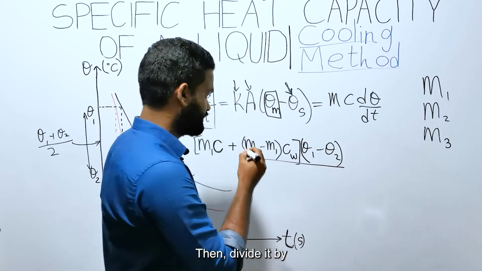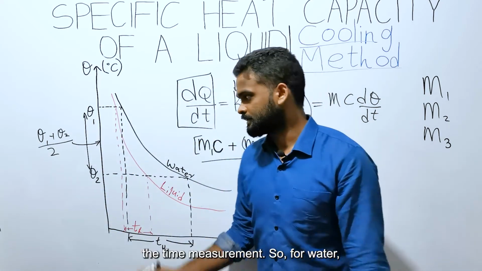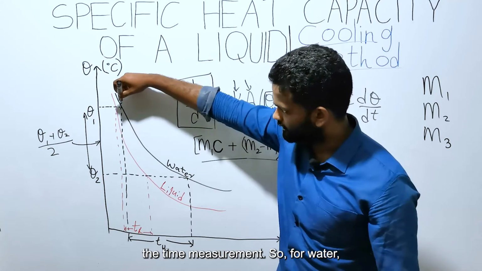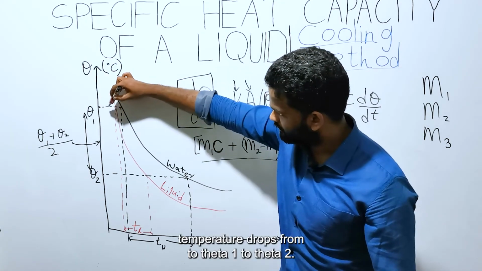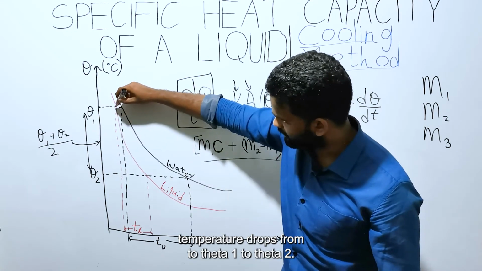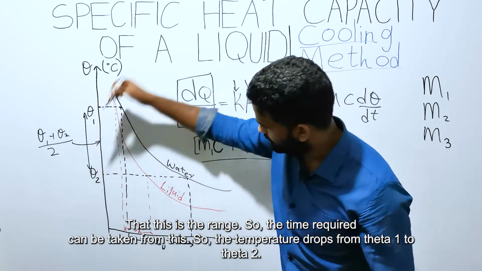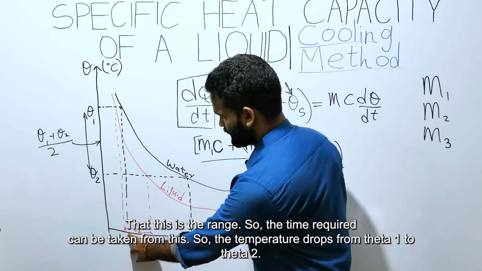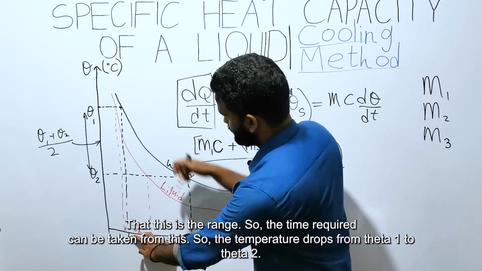Then divide it by the time measurement. So for water, the temperature drops from theta 1 to theta 2. This is the range. So the time required can be taken from this.